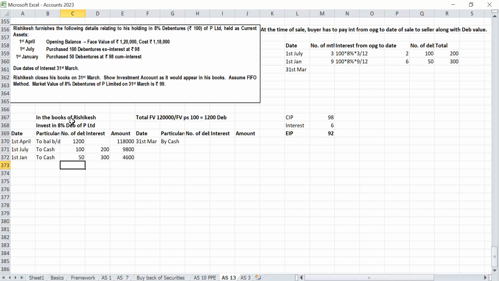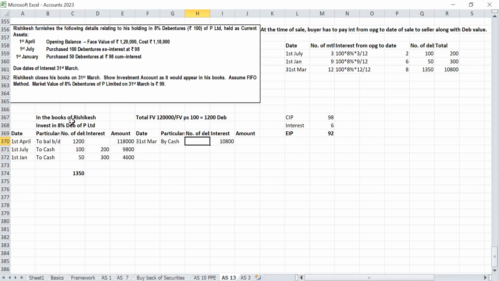We are having 1,350 debentures, 12-month interest he will pay. So 100 into 8% into 12 by 12, you will get 8. Number of months 12. So total interest, this into this, 10,800.